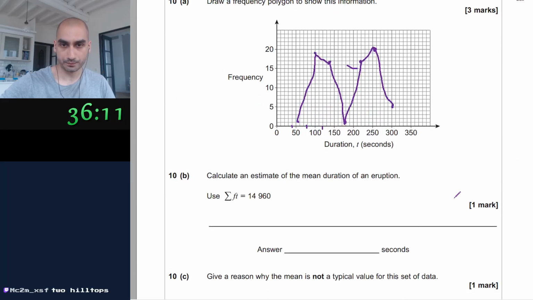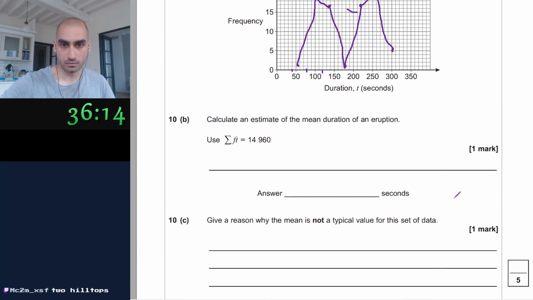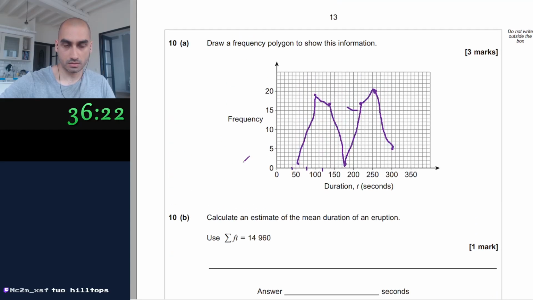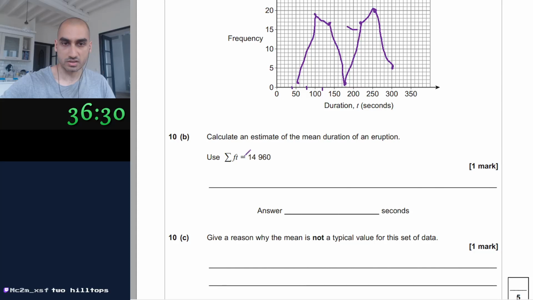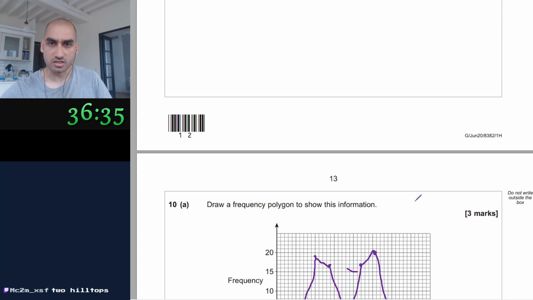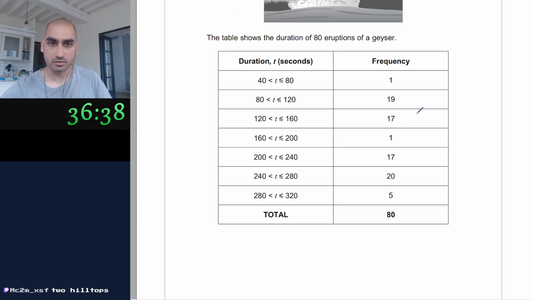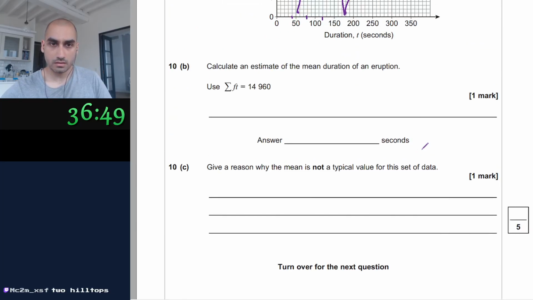Okay, so FT. Hang on, what exactly is sum of FT? Is it just going to be frequency times the midpoint? Probably. So it'll be sum of FT divided by sum of F.